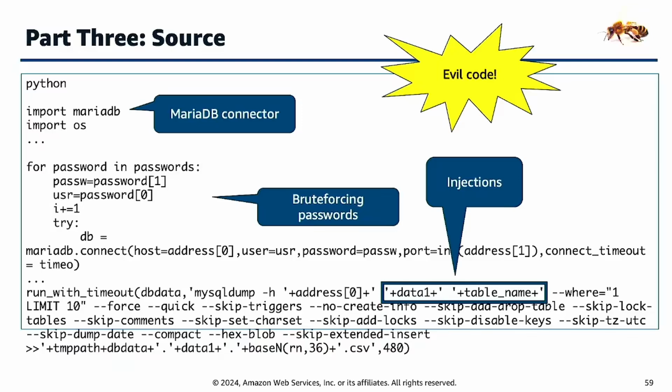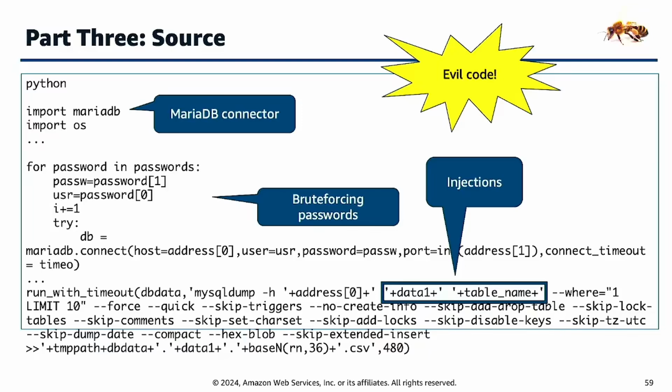And then they are doing password brute forcing to connect. And with the known passwords, they connect to your server and then run this mysqldump command. So this is all written in Python. There are multiple command injections there. Command injection everywhere. So probably those guys have never done a security review of their code.